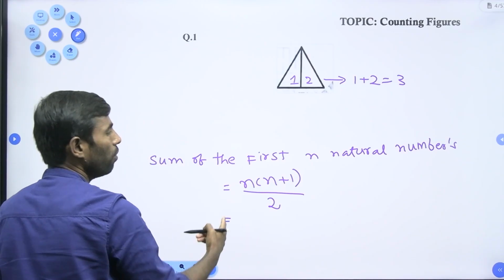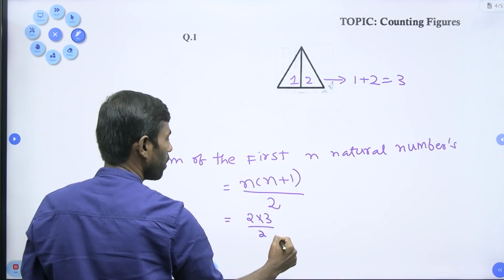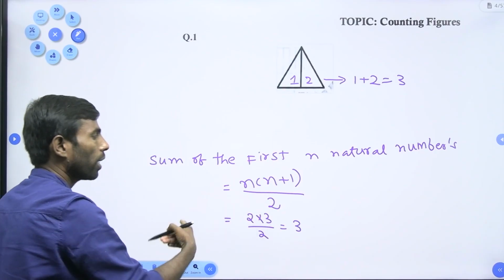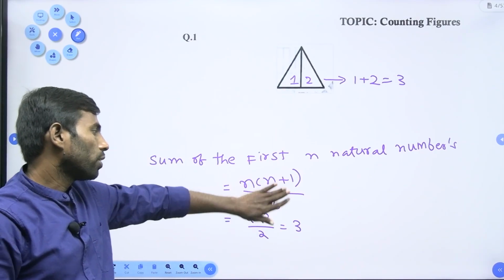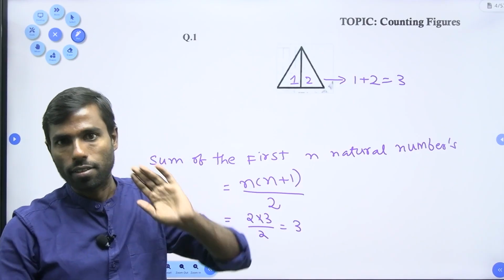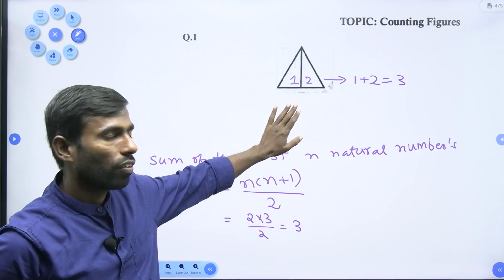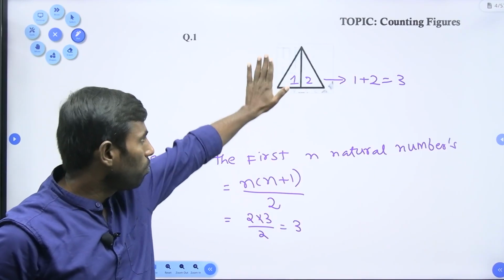In this figure, what is the value of n? n equals 2. So 2 into 3 by 2; 2 cancels, remaining is 3. If the number is big, you can directly substitute in this formula and get the answer. No need to do 1 plus 2 plus 3 plus 4 plus 5 plus 6. The number of triangles in the given figure is given by this formula. Basic figure is like this.